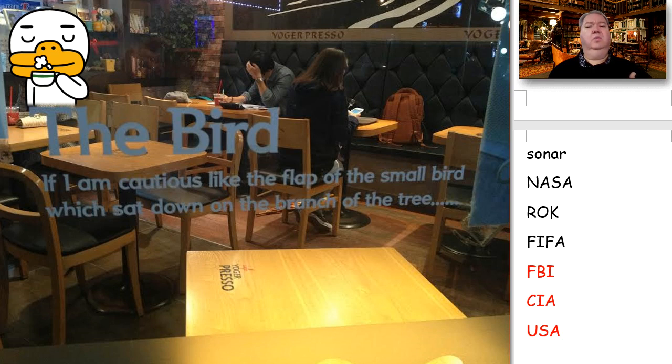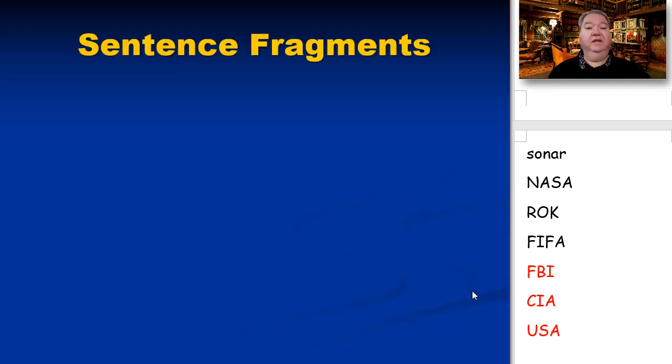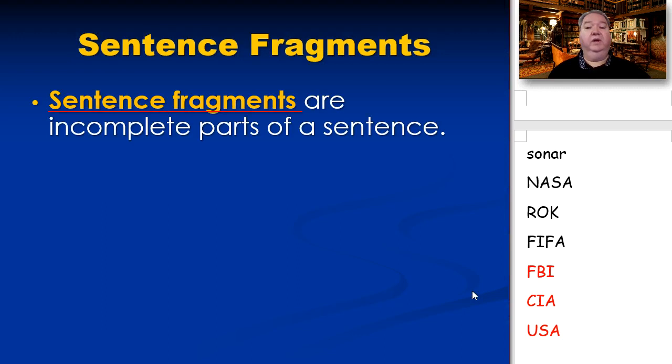This has a subject and a verb, but it does not have a complete thought. It just sort of ends without completing the thought. So this is a sentence fragment. Okay? So we will look at these in more detail in our next class.